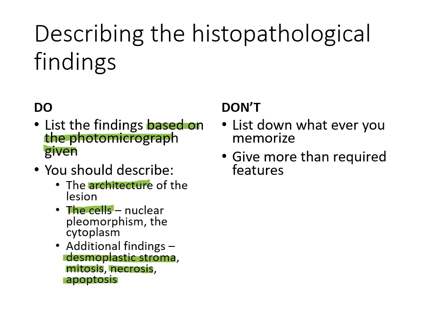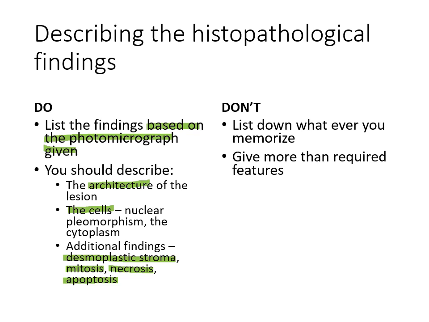But the most important thing is that you don't list down whatever you memorize. This is again similar to describing the gross findings. Sometimes whatever you memorize is not seen in the photomicrograph given, and that is another loss.